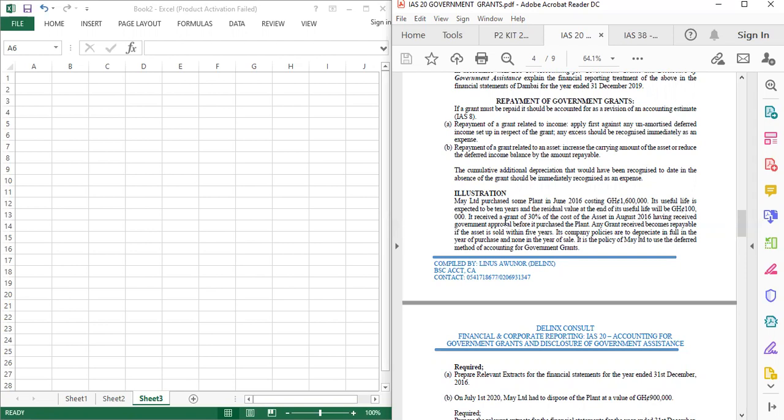Required: A, prepare relevant extracts for the financial statements for the year ended 31st December 2016. B, on July 1st, 2020, May Limited had to dispose of the plant at a value of 900,000 Ghana cedis.